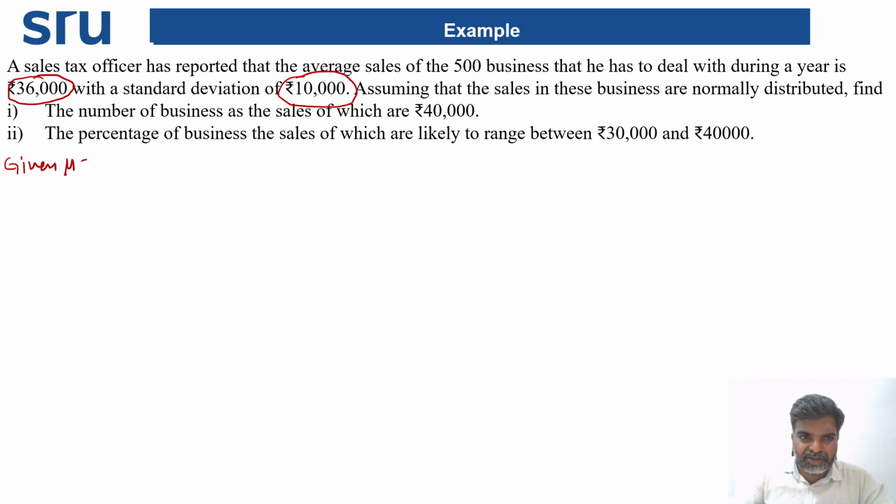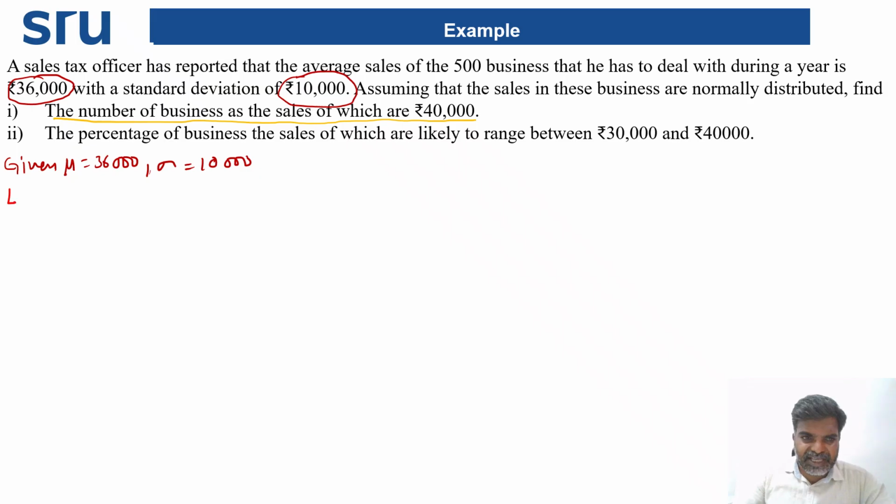Given mu equal to 36,000 and standard deviation equal to 10,000. Okay, now what do we have to find here? We have to find the number of businesses whose sales are 40,000. To find this, first we define the random variable.